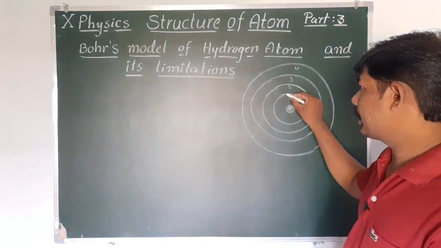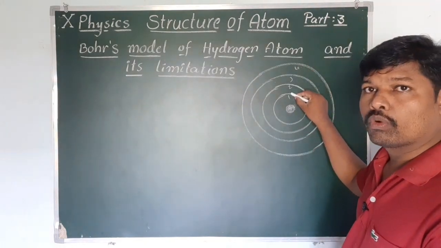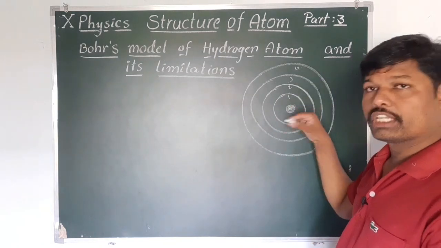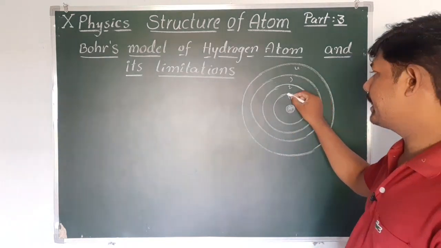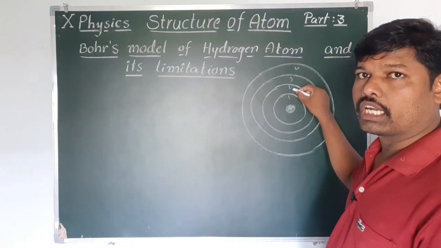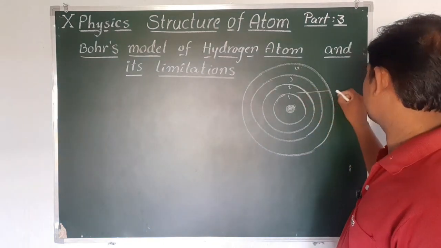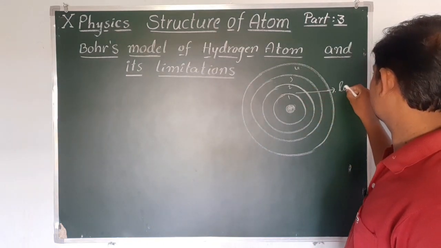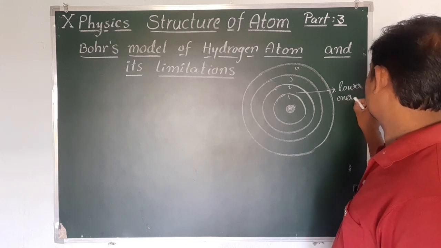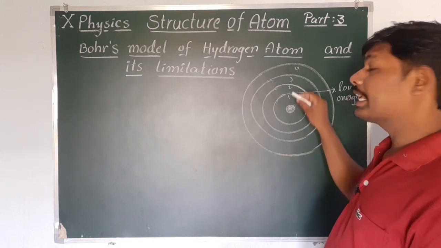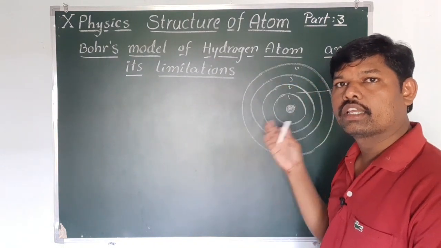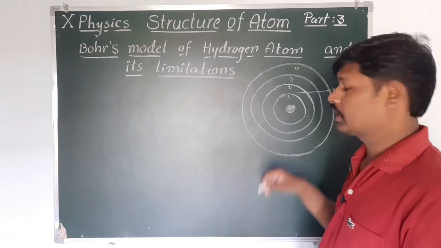So what happens when electrons jump from one shell to another shell? When electrons gain energy, they will jump from a lower energy shell to a higher energy shell. To jump from a lower energy shell to a higher energy shell, electrons gain energy.